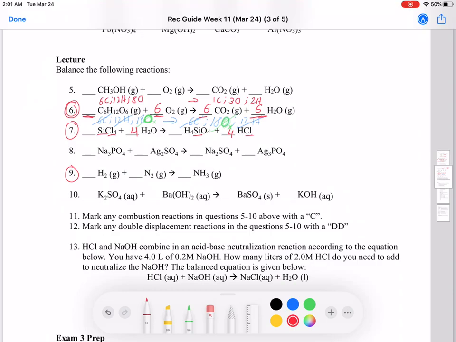And then you just have to check the amount of oxygens and hydrogens you have. On this side, you have 8 hydrogens, and on the other, 4 hydrogens here and 4 here, equals 8, so that matches up as well. And 4 oxygens here and 4 on this side. So this is okay as well.